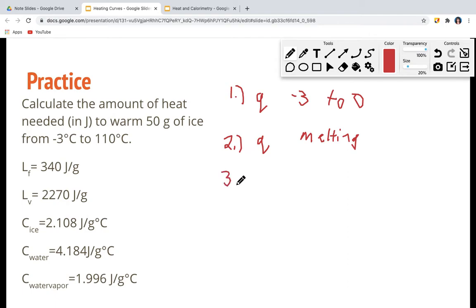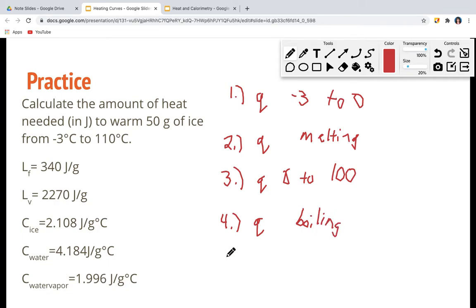Our third step, we're going to go from 0 to 100 Celsius, because that's where we're going to hit our boiling point. And then it's not going to change temperature. It's going to stay at 100 degrees as it's boiling or vaporizing.